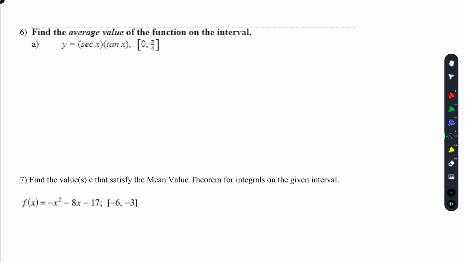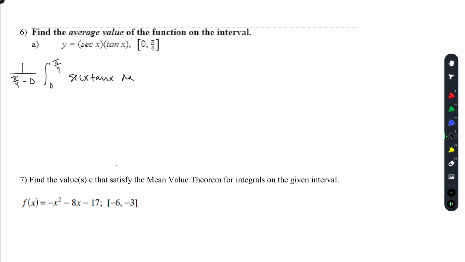You integrate from 0 to pi over 4 of secant x tangent x, tangent x dx, times 1 over pi over 4 minus 0.